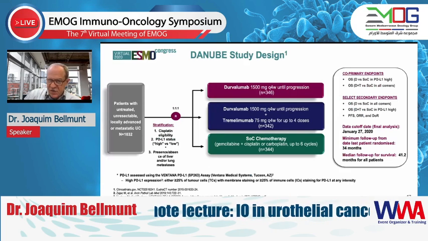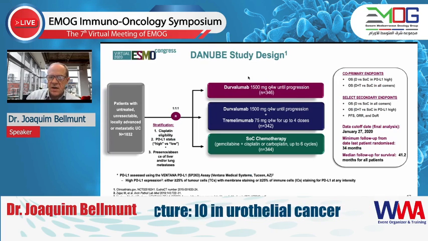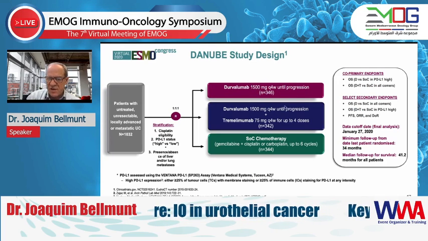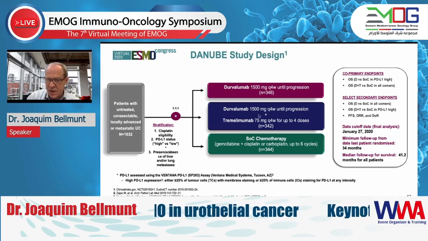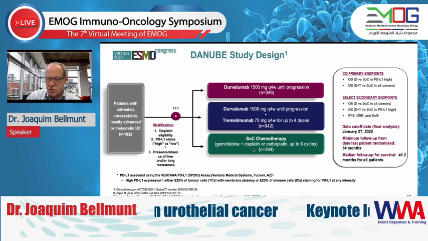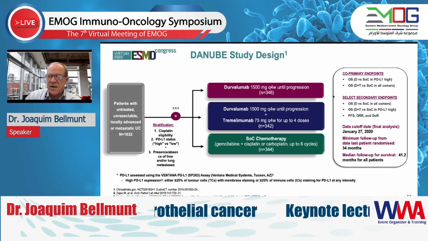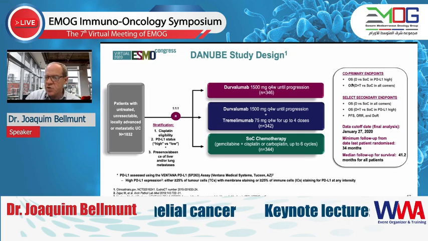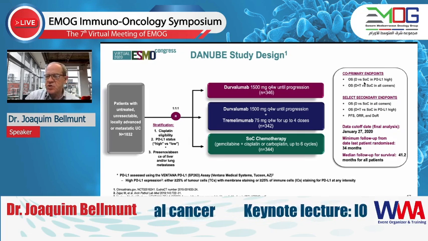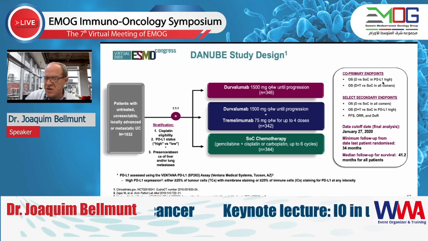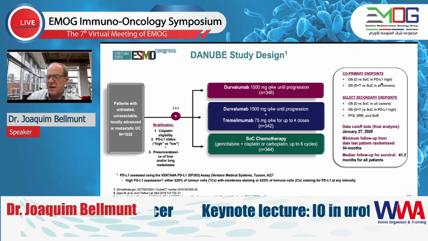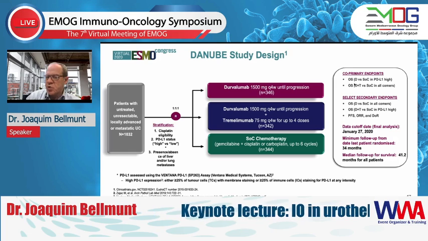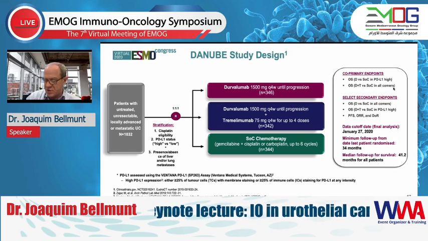The third trial in first line has also already been published. In this case, immunotherapy with the PD-L1 inhibitor durvalumab versus durva-treme, the PD-L1 plus CTLA-4 combination, versus chemotherapy. Again, first line. Here, the endpoint was overall survival, durva versus standard of care in PD-L1 positive, trying to enrich the endpoint, and also overall survival, durva-treme versus standard of care in all comers.